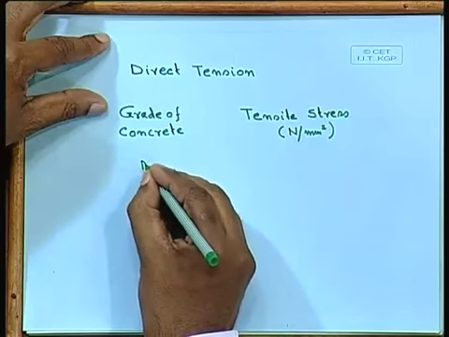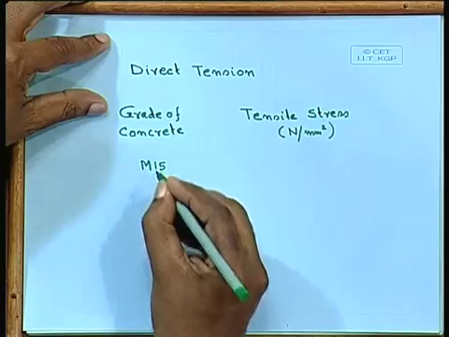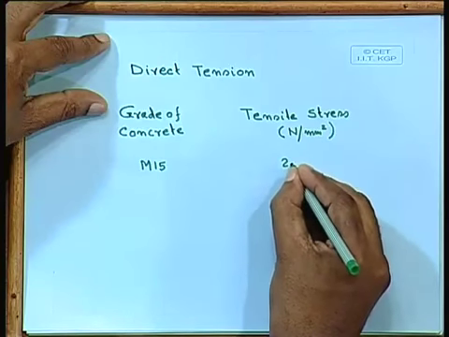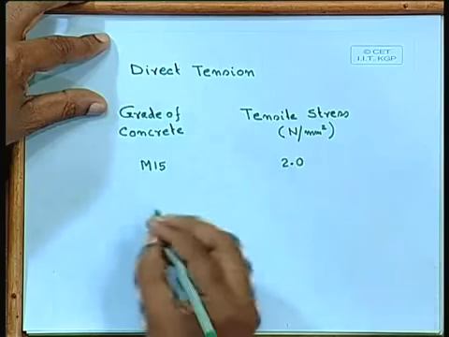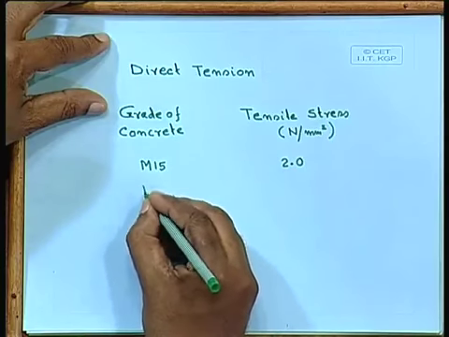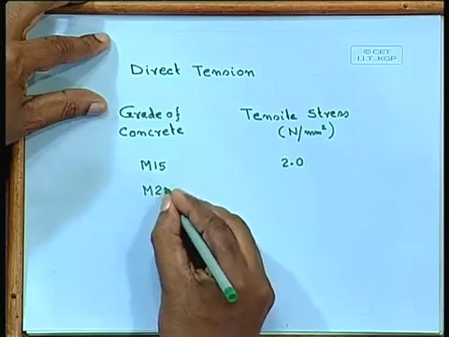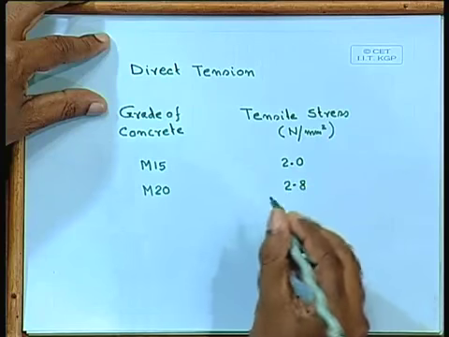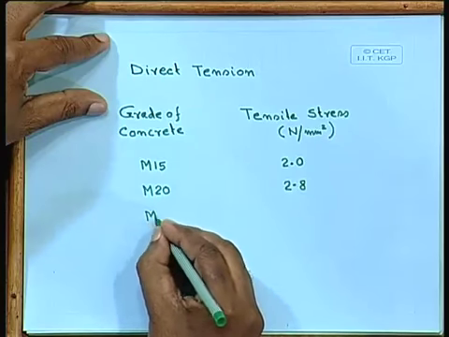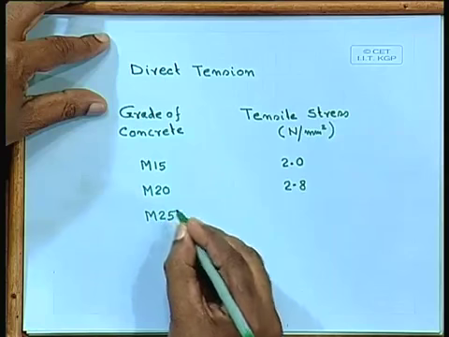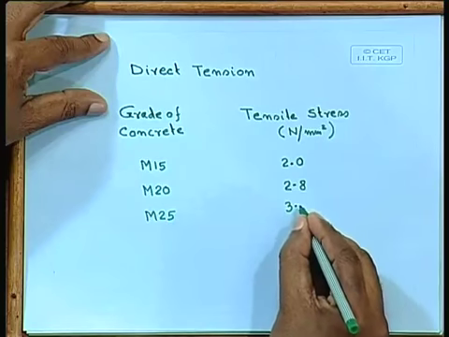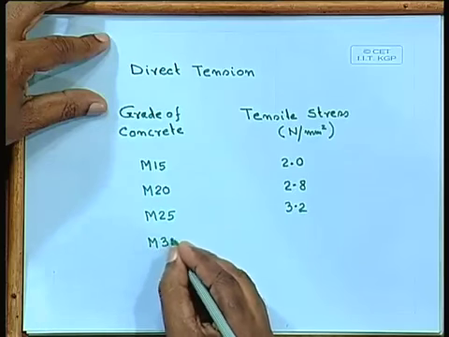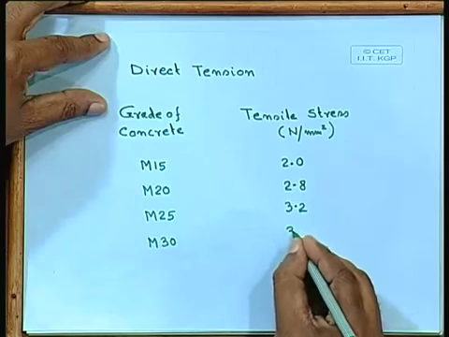We have M15, though we do not use it, and the permissible stress is 2.0 Newton per square millimeter. M20, 2.8. M25, 3.2. M30, 3.6.